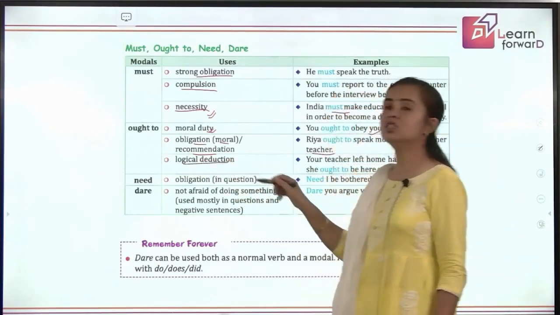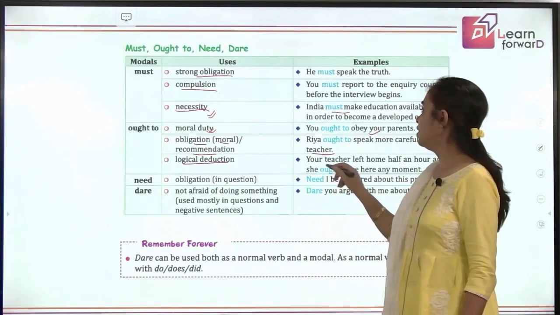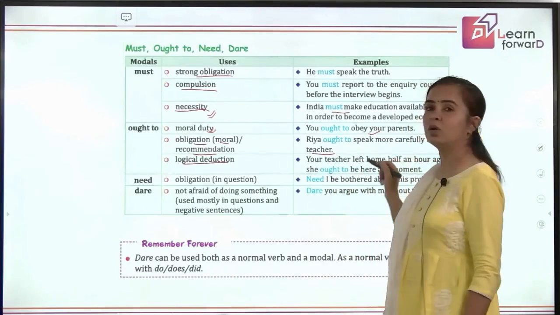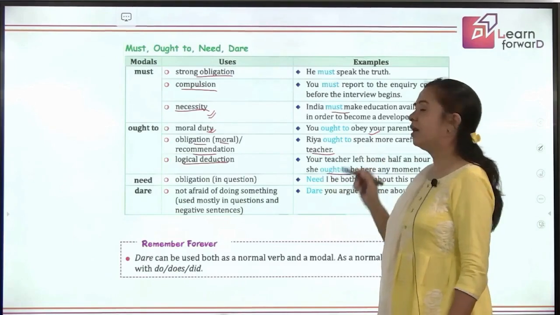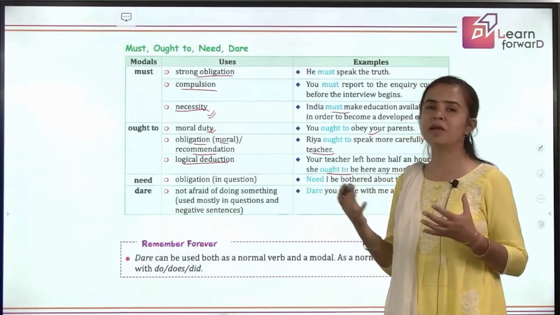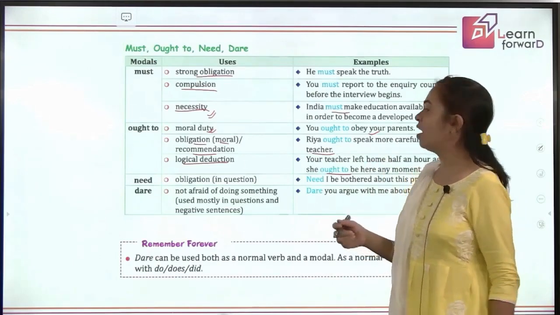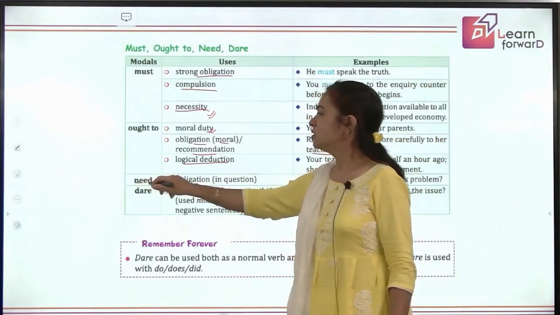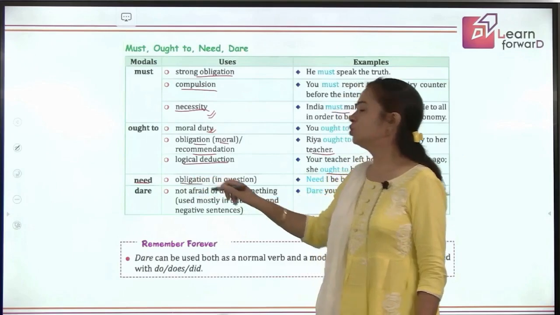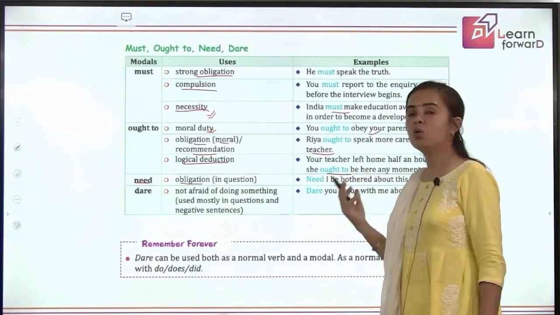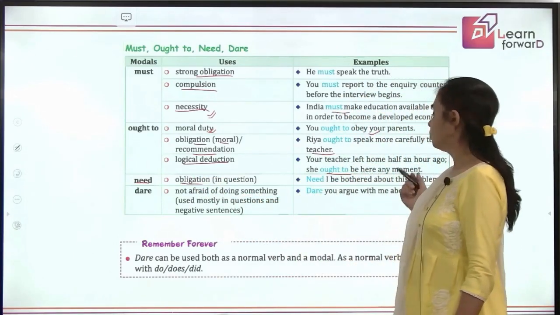When there is a logical deduction also, like your teacher left home half an hour ago, she ought to be here any moment. That means it's expected. Logically, you are just deducing that she should be here in half an hour. Now, next is need. Need is used to show an obligation in a question, like, need I be bothered about this problem?